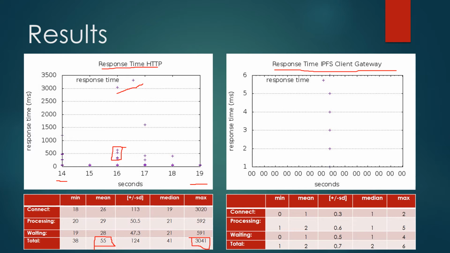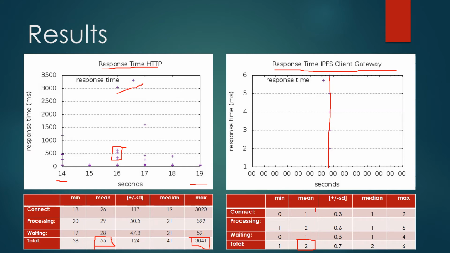Compare that to my IPFS gateway that's running on my client, on my machine. It took less than a second to complete all 1,000 requests. That's why the line is completely straight. You can see the average time it took to complete the requests is 2 milliseconds.